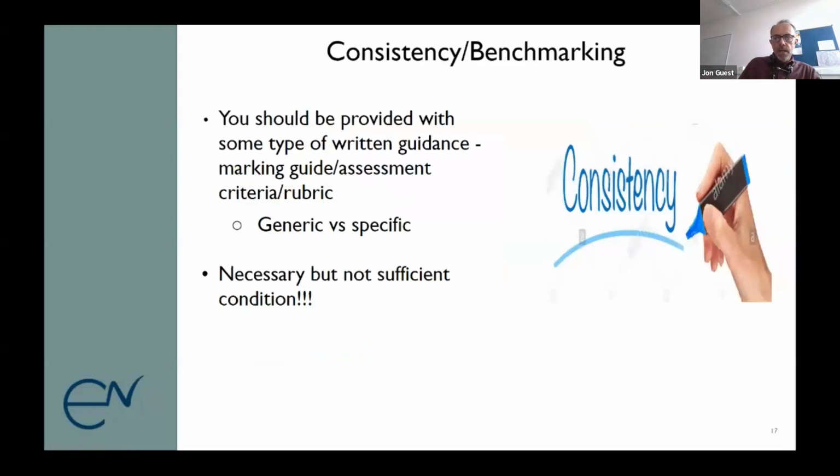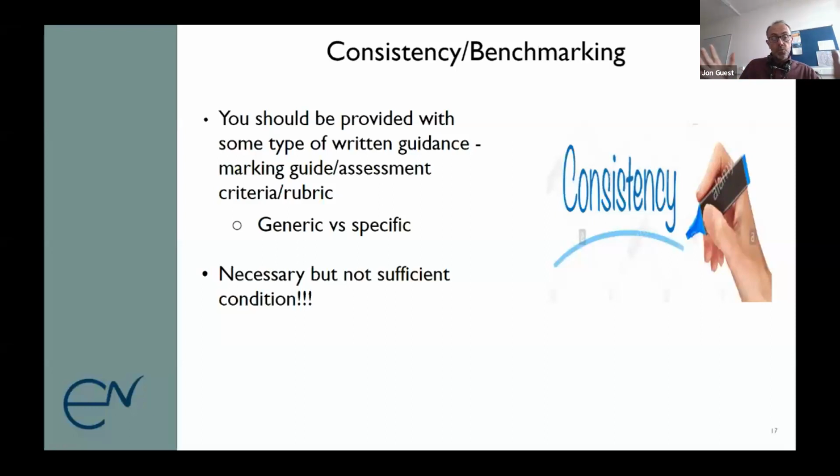And I can't really think of a university where this wouldn't be the case, but you should be provided with some type of written guidance before you start marking, okay? That could be some type of marking guide, some sort of assessment criteria, some rubric with grade descriptors. Some of these can be provided at a broader level, quite generic.